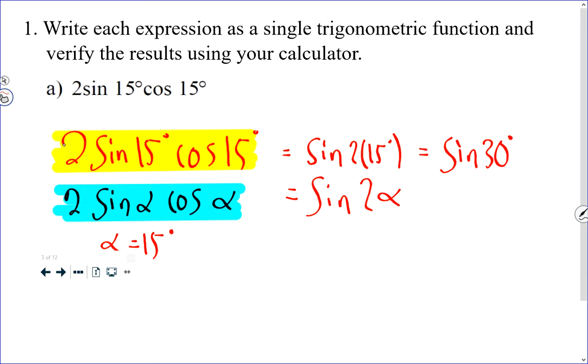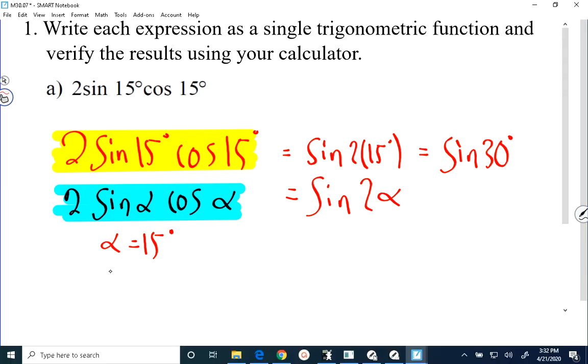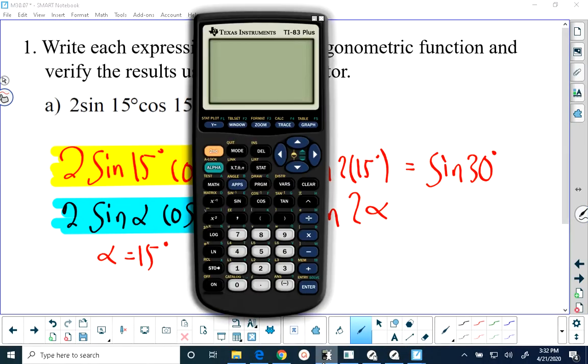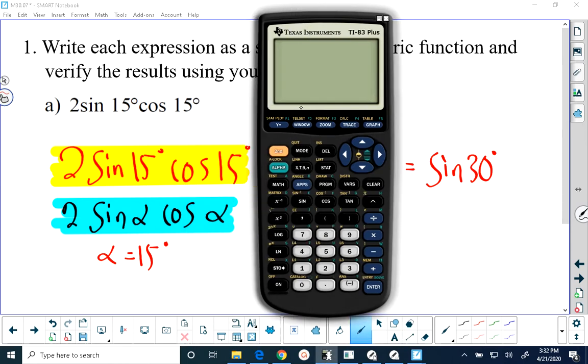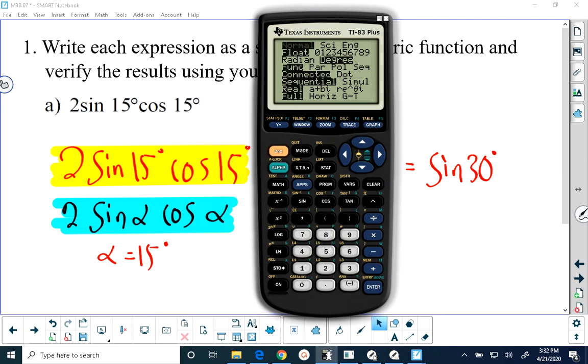Now we're asked to verify the results on a calculator. By the way, you should know that sine of 30 degrees is exactly 1/2 from the unit circle. But let's go ahead and use the calculator. All right, am I in degree mode? I am, so I'm going to take sine of 30 degrees.